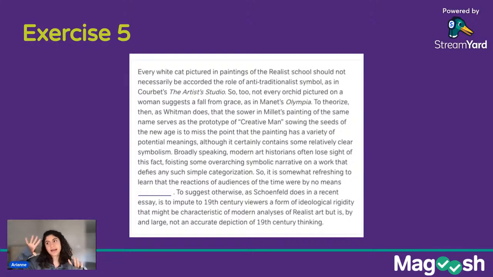What did we say about the experts, how they were putting everything into a box? They were pretty uniform, right? Therefore the audiences didn't interpret the art the same way, so their reactions were by no means uniform, they weren't the same, they weren't monolithic, right?